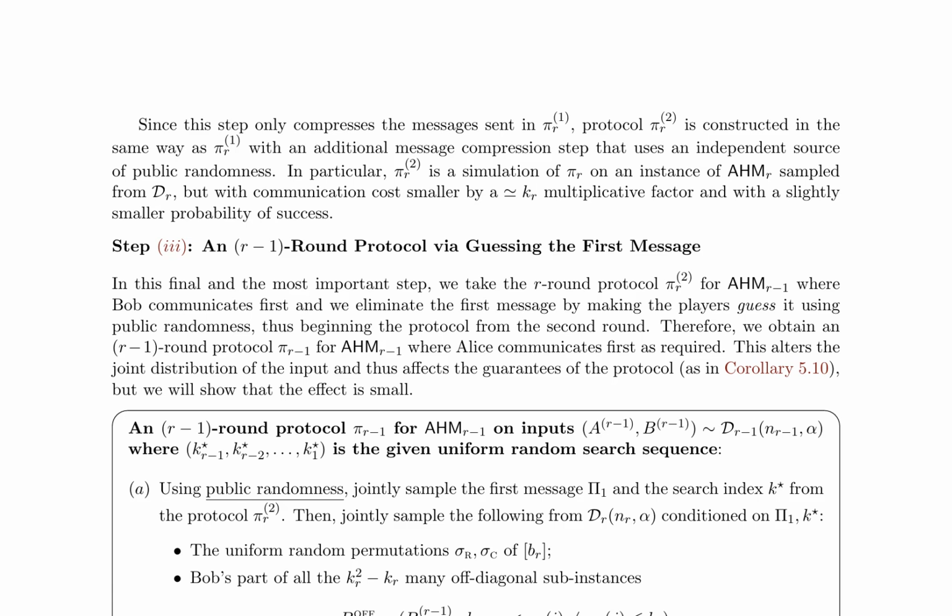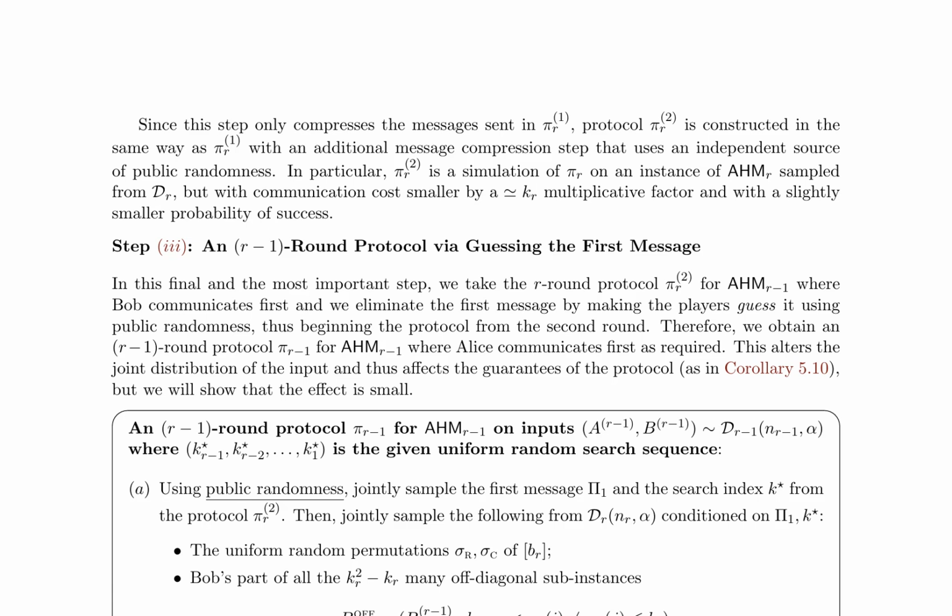A. Using public randomness, jointly sample the first message pi 1 and the search index K star from the protocol pi 2 R. Then, jointly sample the following from D-R, N-R, alpha, conditioned on pi 1, K star: the uniform random permutations sigma R, sigma C of B-R; Bob's part of all the K2 R K-R many off-diagonal subinstances B-off; Alice's part of the K star minus 1 many special subinstances A-spec less than K star; and Bob's part of the K-R minus K star many special subinstances B-spec greater than K star.